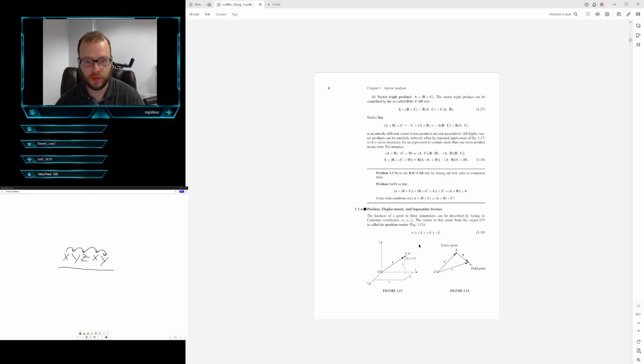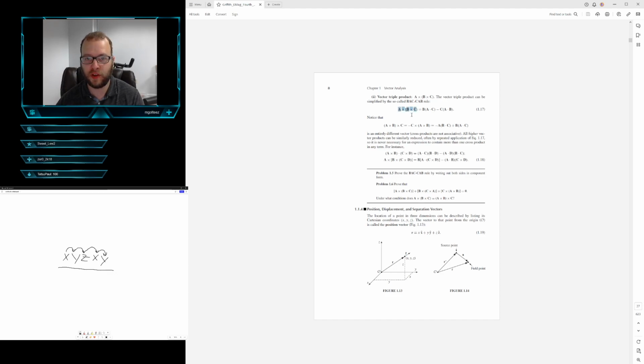So let's go on to the final triple product, which is the vector triple product, so A cross B cross C. And that follows what is known as the back cab rule.